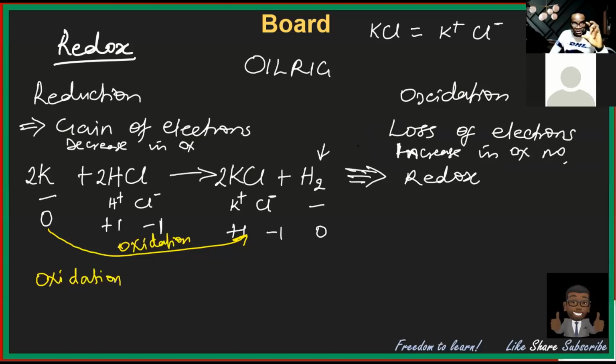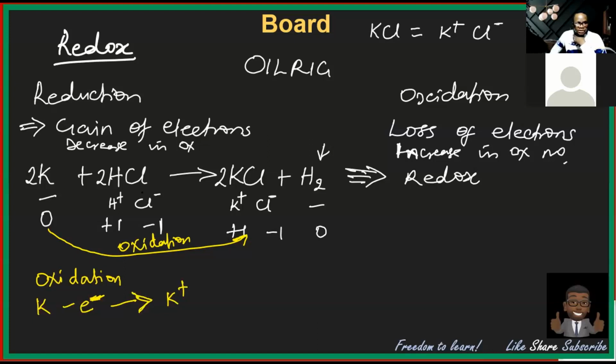Can you see the way we combine the two to arrive at something tangible? So potassium K will lose an electron to form potassium ion, K+.